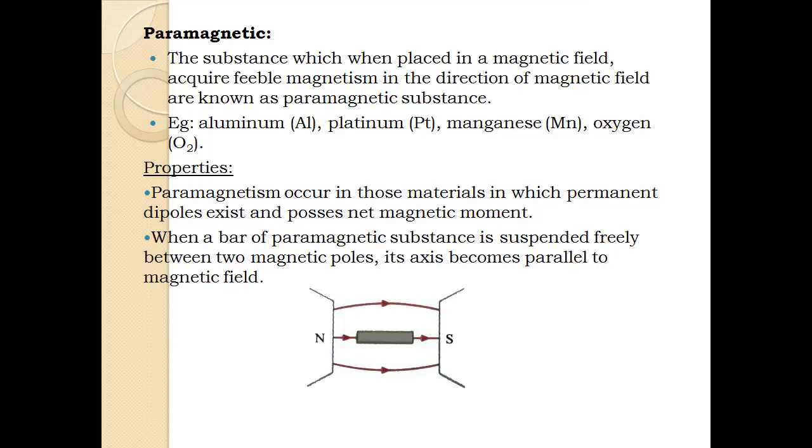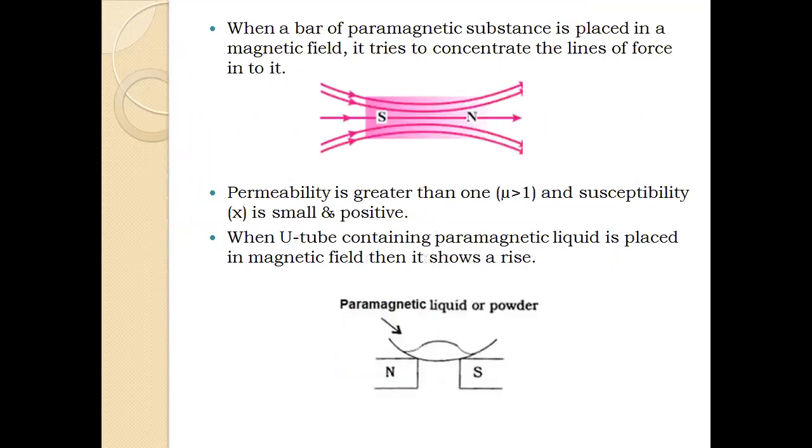When a bar of paramagnetic substance is suspended freely between two magnetic poles, its axis becomes parallel to the magnetic field. When a paramagnetic substance is placed in a magnetic field, it tries to concentrate the lines of force to pass through it, whereas the permeability value is greater than 1 and the susceptibility value is small and positive.